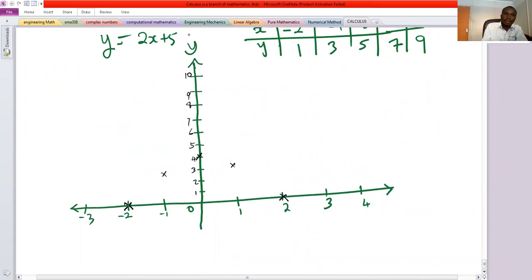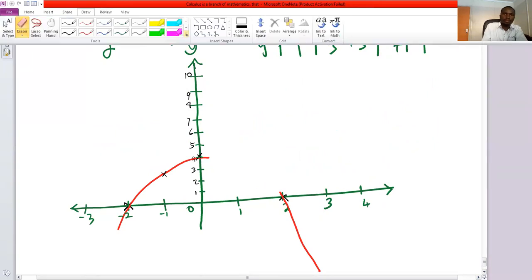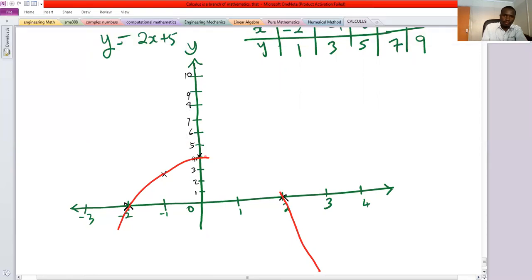So it shows that this is how the graph looks like. So I'm going to use here.